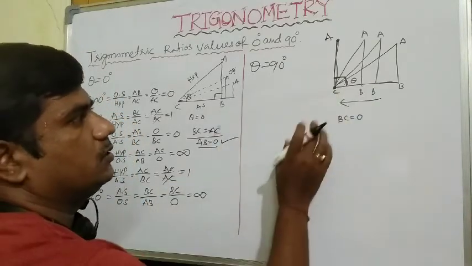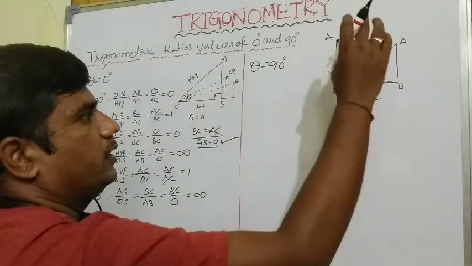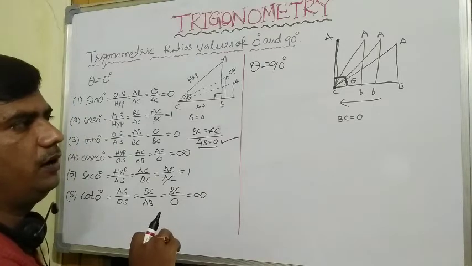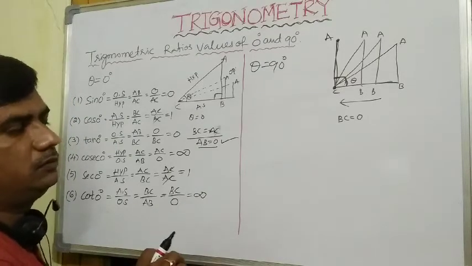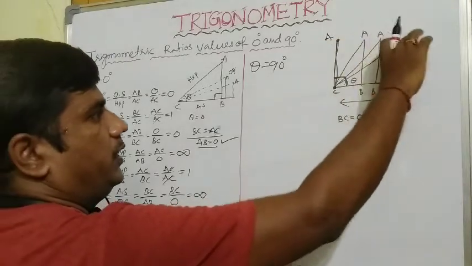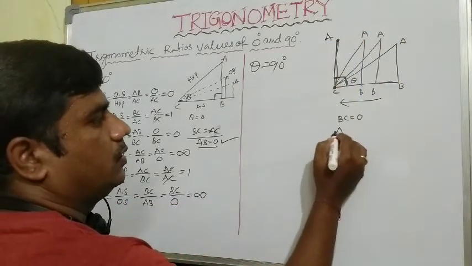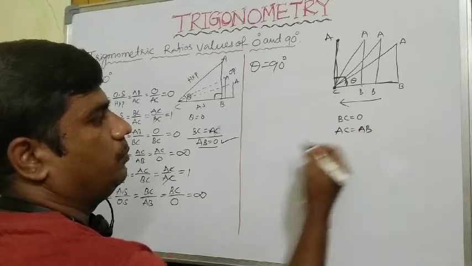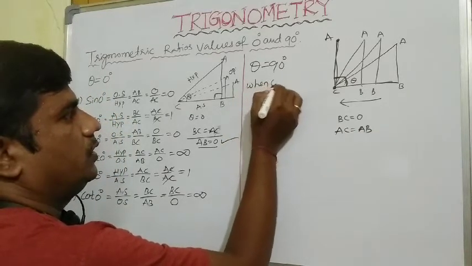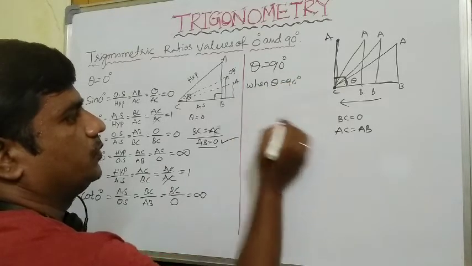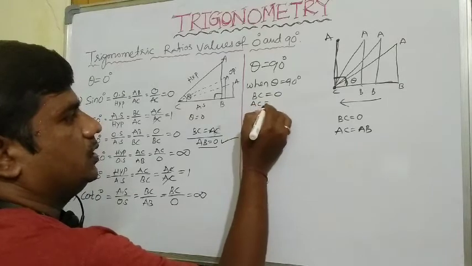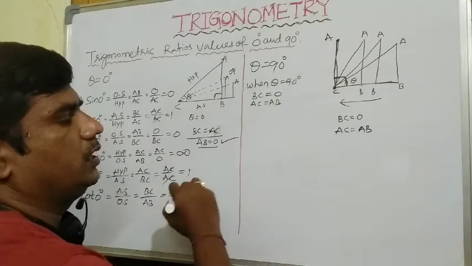So this BC length is equal to 0, and AC length and AB length are equal. AC equals AB. When theta equals 0, BC length becomes 0 and AC length and AB length are equal.